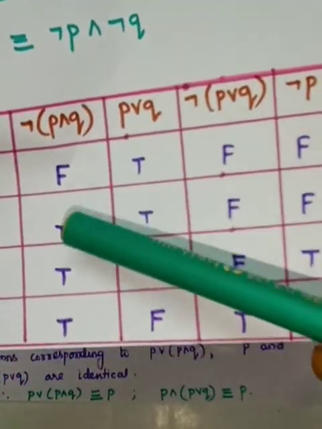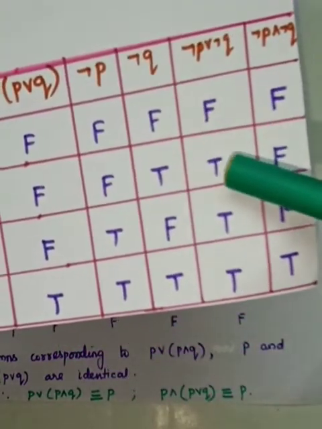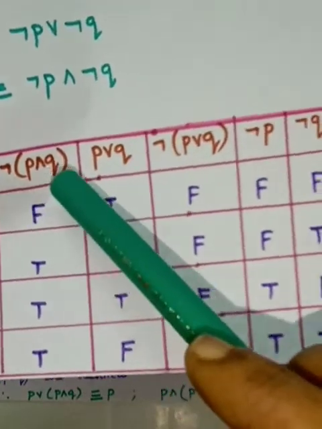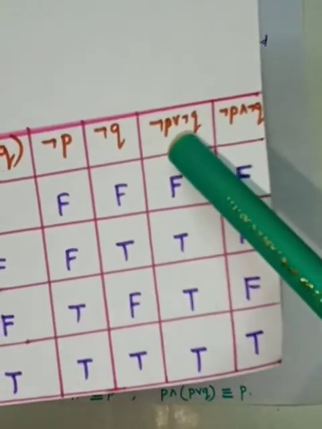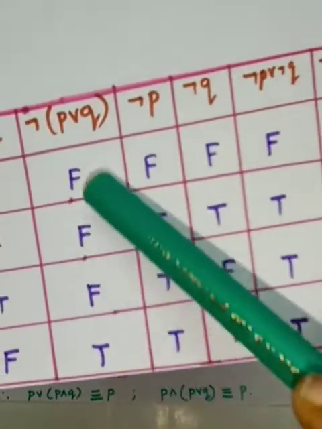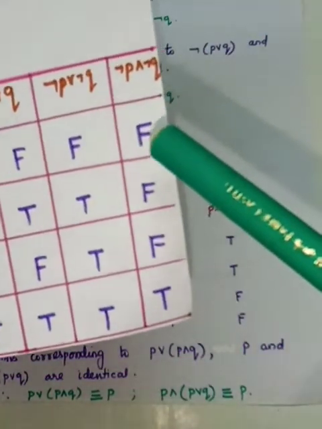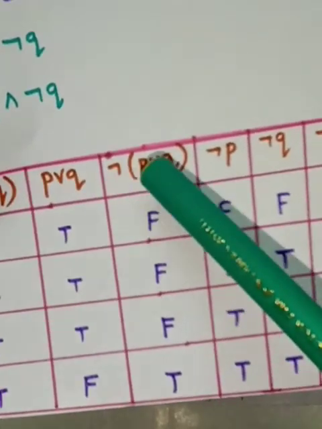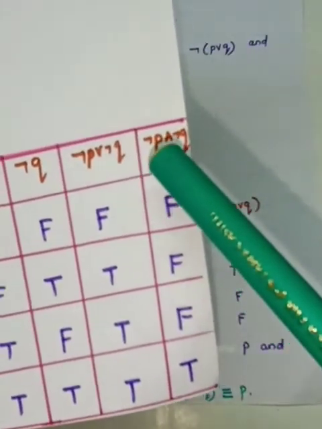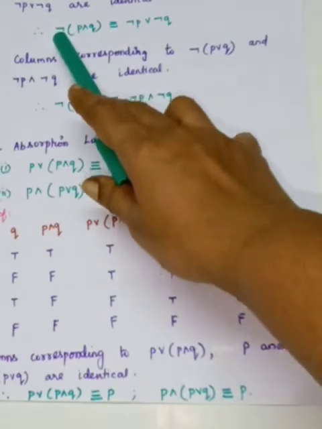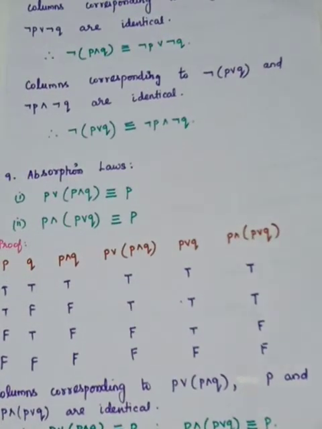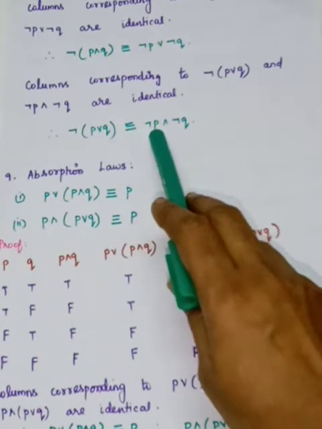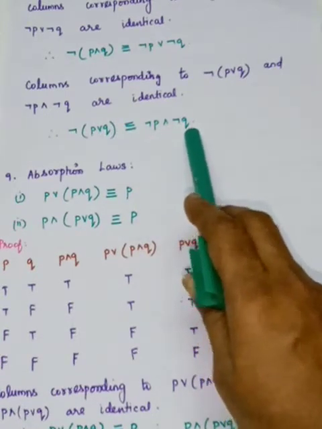Here only one F, the remaining are 3 T. So here only one F, the remaining are 3 T. So therefore negation of P and Q is logically equivalent to negation P or negation Q. And you see the next one: F, F, F, T. First three are F and the next one is T. So here you are having 3 F and T. So therefore negation of P or Q is logically equivalent to negation P and negation Q. So therefore De Morgan's law: negation of P and Q is logically equivalent to negation P or negation Q, and negation of P or Q is logically equivalent to negation P and negation Q. So it is the eighth law.